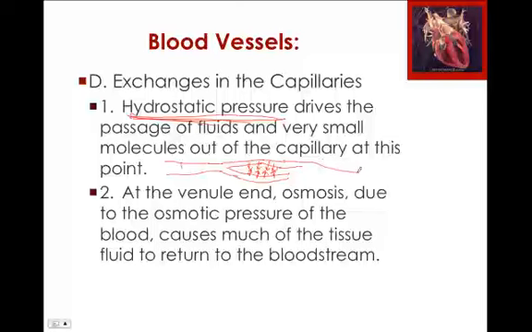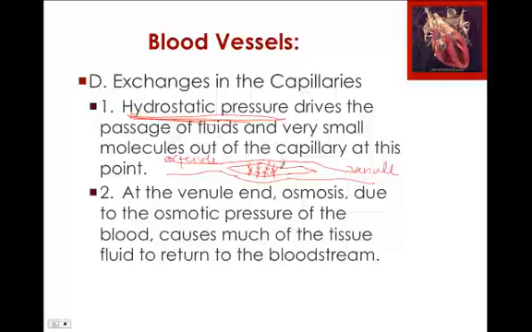And as you get towards the venule end, so this is your venule, this is your arterial. As you get closer to that venule end, and as you continue to lose fluid out of that capillary due to hydrostatic pressure, you hit a point where the hydrostatic pressure isn't great enough inside the capillary to continue to lose fluid.